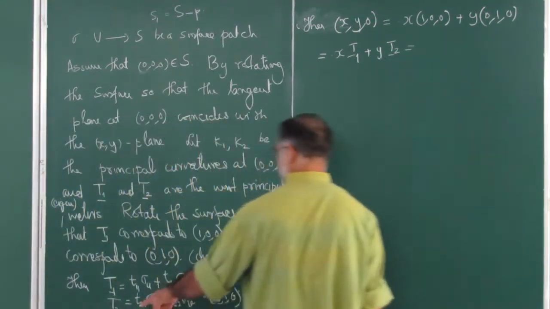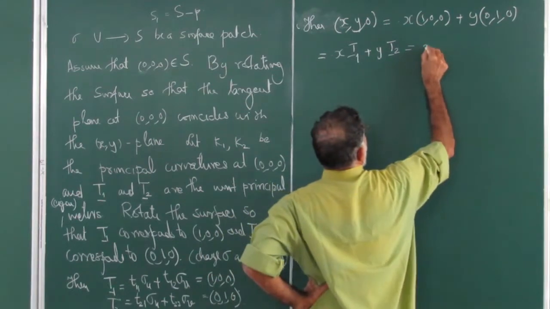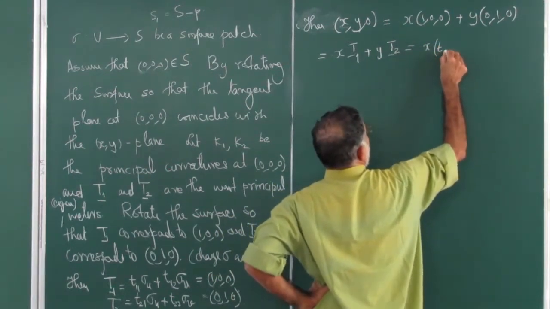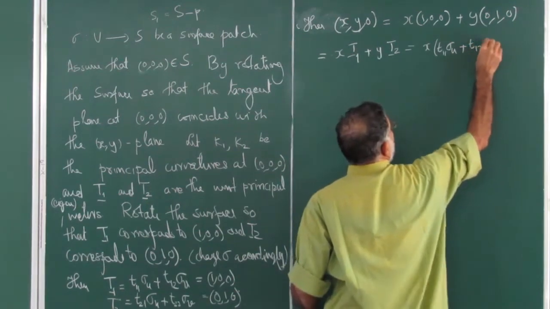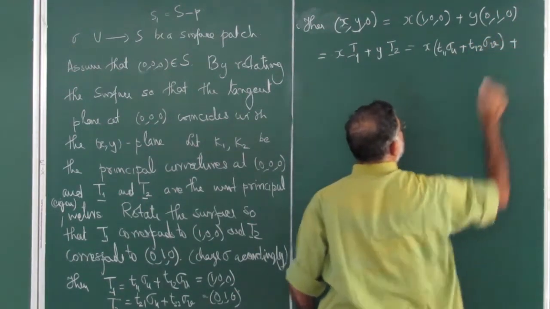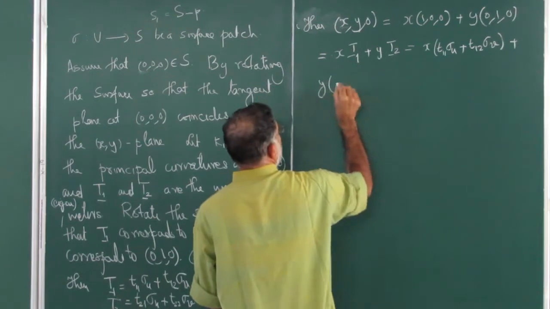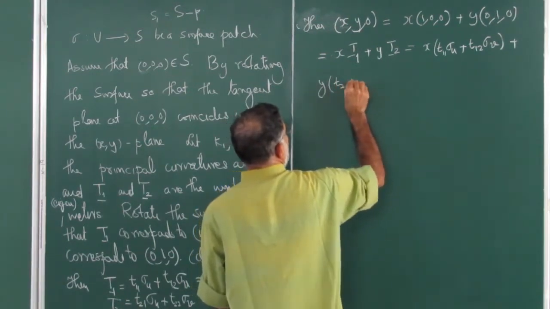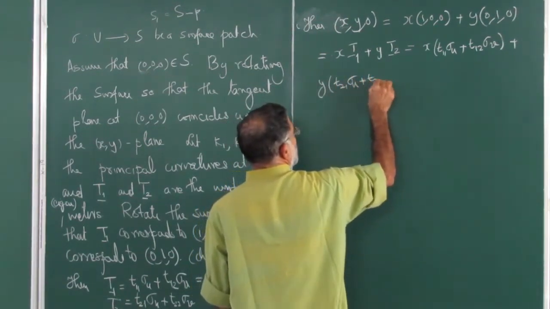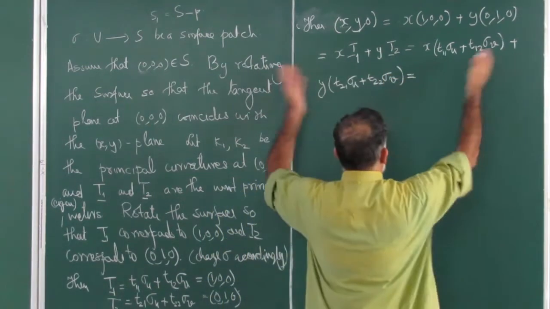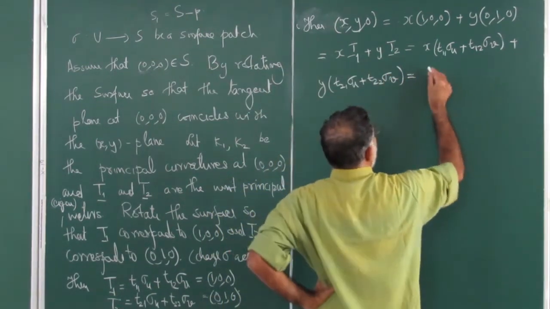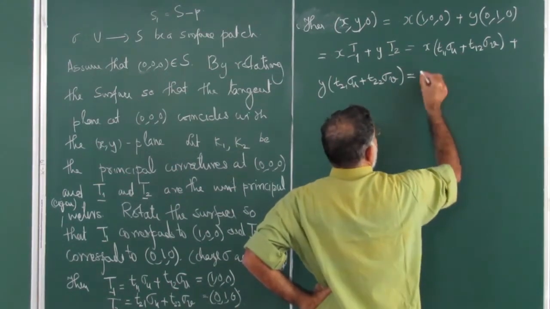Now we have it very clearly. x times t11 sigma u plus t12 sigma v plus y times t21 sigma u plus t22 sigma v, and that is equal to, of course, as vectors now we will write it as linear combination of sigma u, sigma v.